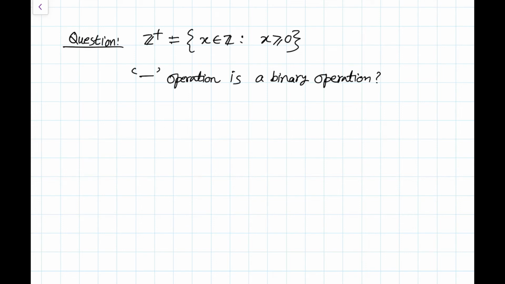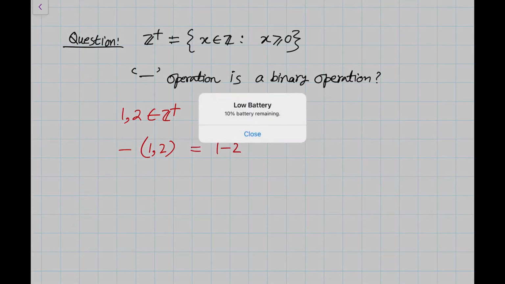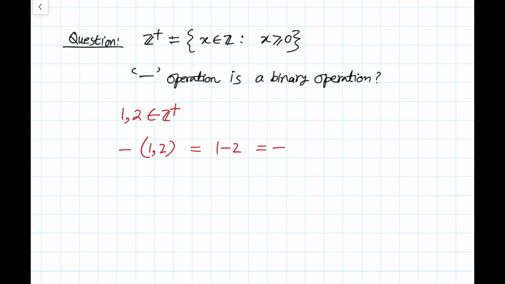Clearly, if we take two elements 1, 2 from Z plus, then under this operation (1, 2) goes to 1 minus 2, that is minus 1, which does not belong to the set of positive integers. So this is not even a binary operation.